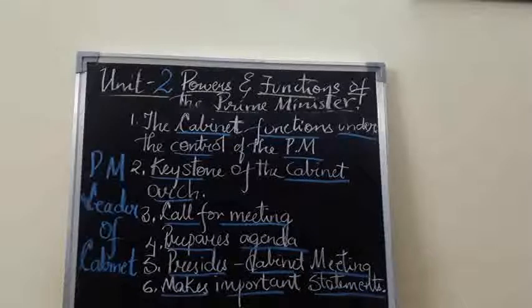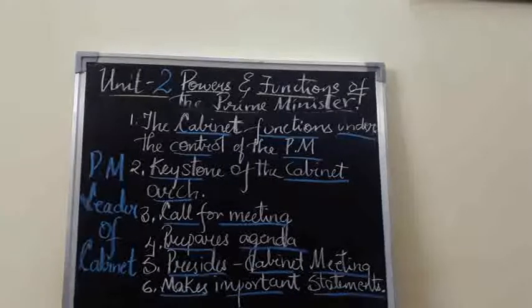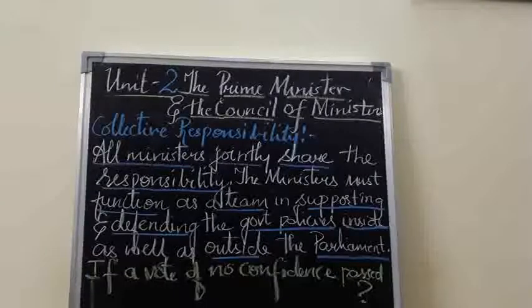Well, you have studied about the various powers and functions of the Prime Minister. Now let us know what is the meaning of individual responsibility and collective responsibility. Now let us see what is the meaning of collective responsibility.